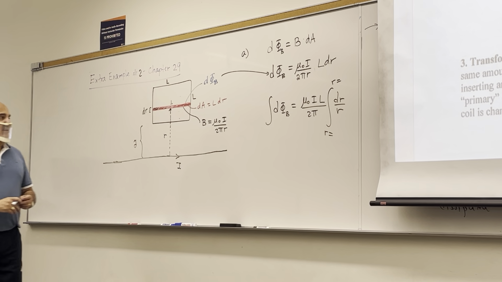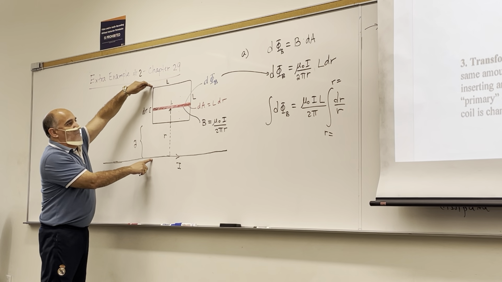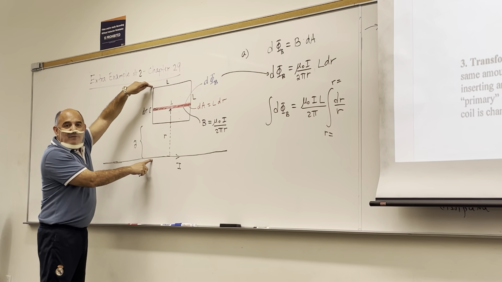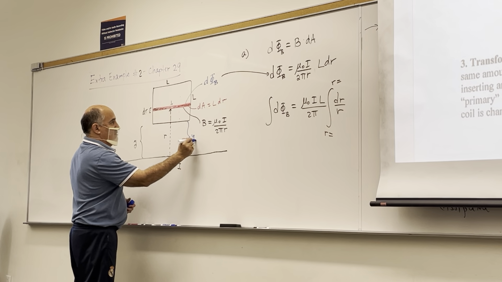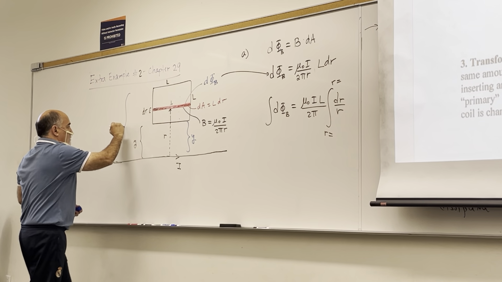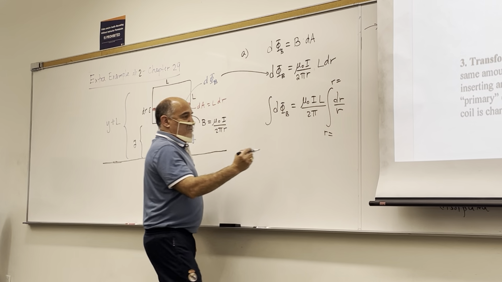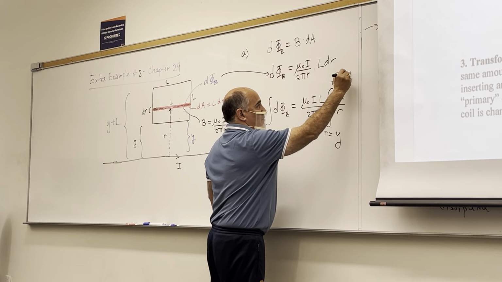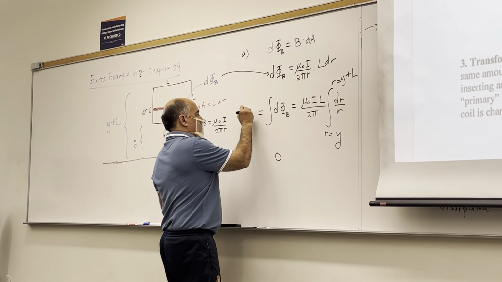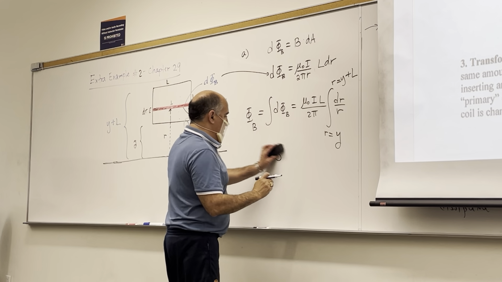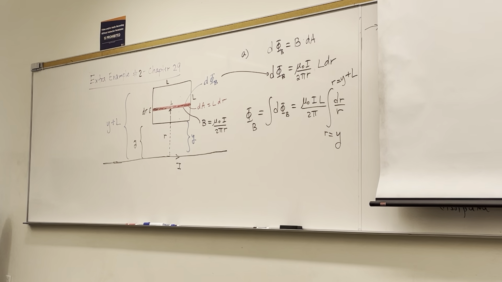From R equals Y all the way up to R equals Y plus L. So you integrate from R equals Y to Y plus L, and that's the total flux. That is the question that we're asked in this part of the problem. So let me do that integral on that side of the board. Let me get rid of this.